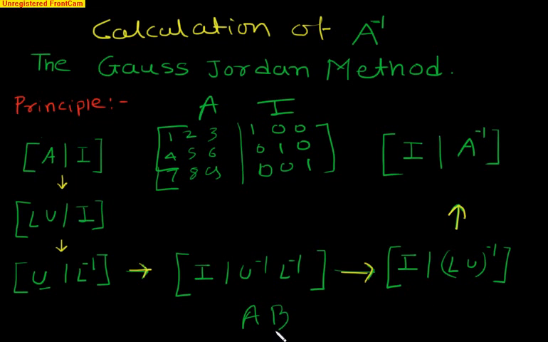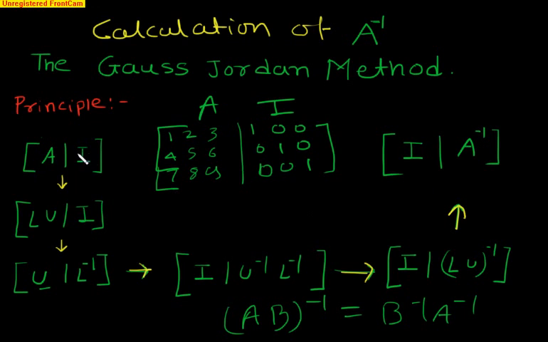It means that (AB) inverse can be written as B inverse A inverse. Like this, LU inverse can be written as U inverse L inverse. And finally we know LU is A, that's why A, and finally A inverse.